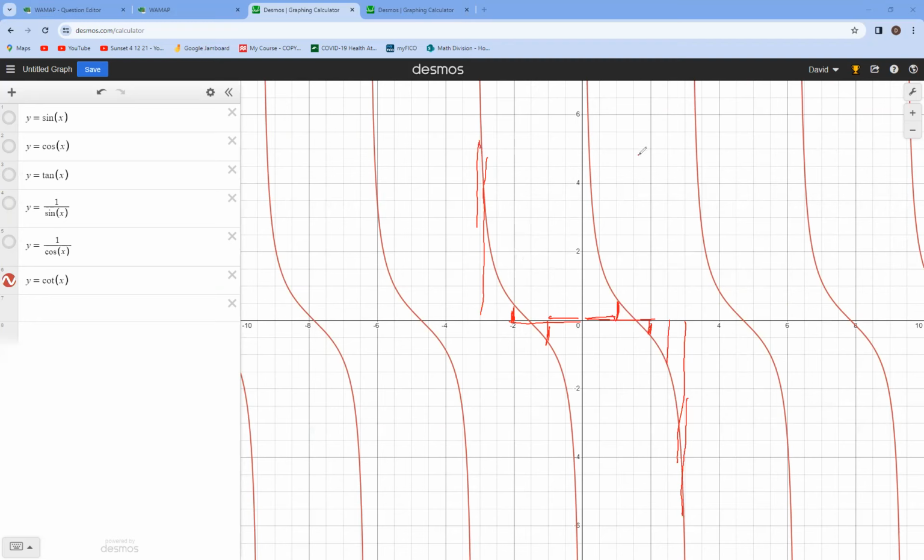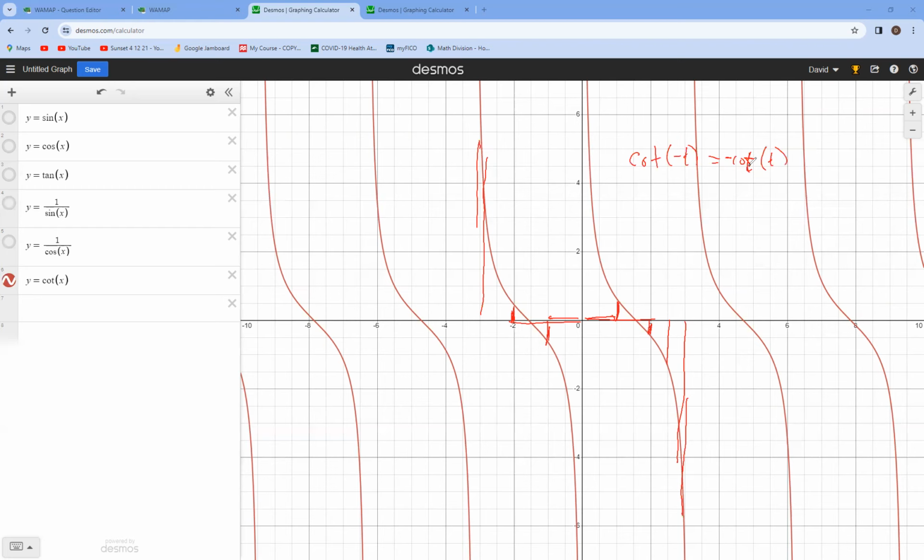So cotangent of minus t is minus the cotangent of t. So we have trig identities there, another set with the negative angles.